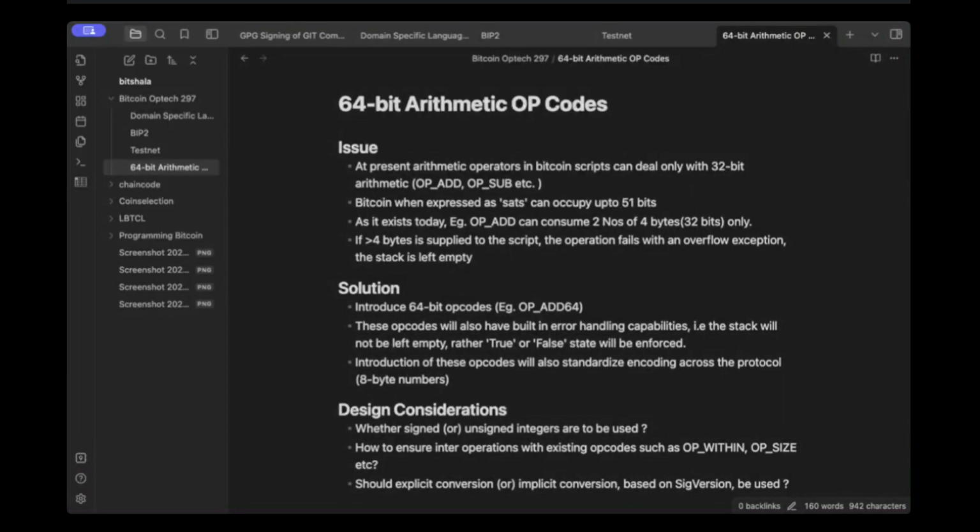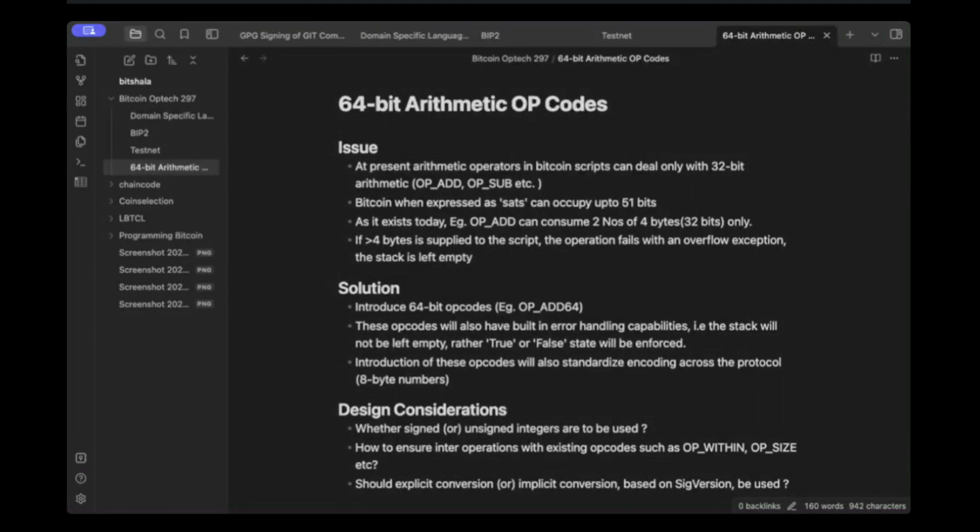Because the current opcodes deal only with 32 bits, or 4 bytes. If you try to add two numbers, or perform an arithmetic operation on two numbers that are greater than 32 bits, they will fail with an overflow exception. The problem is that after this failure, the stack will be left empty, meaning the state will not be defined.